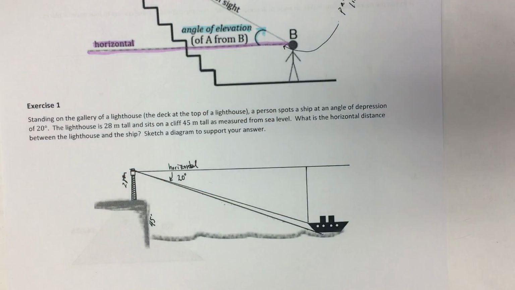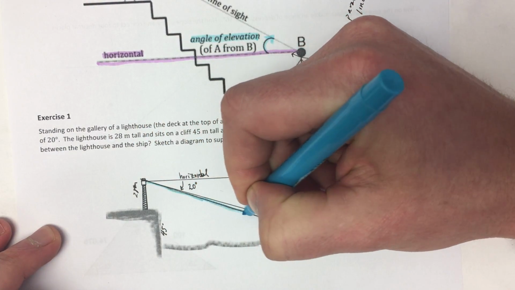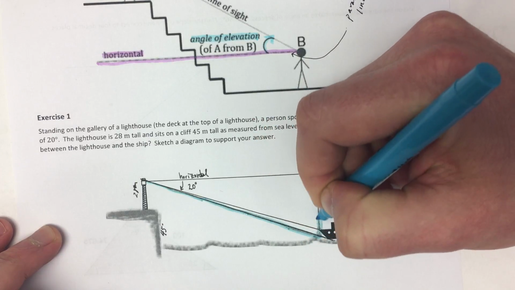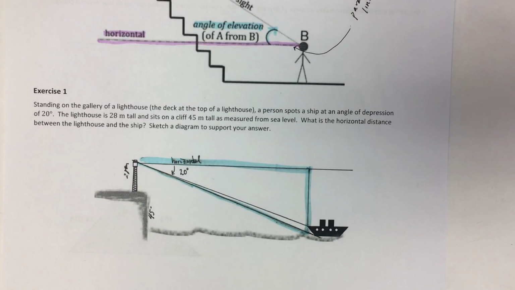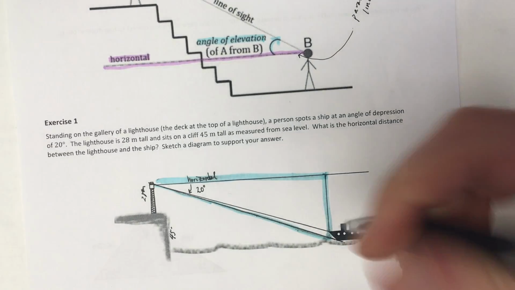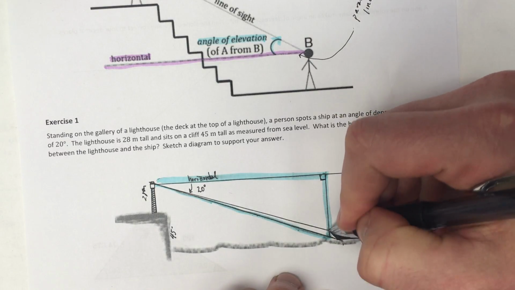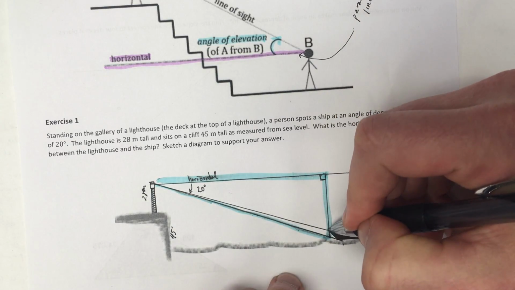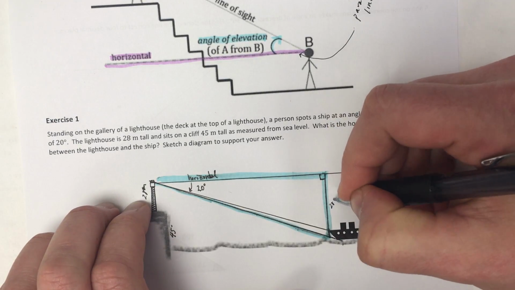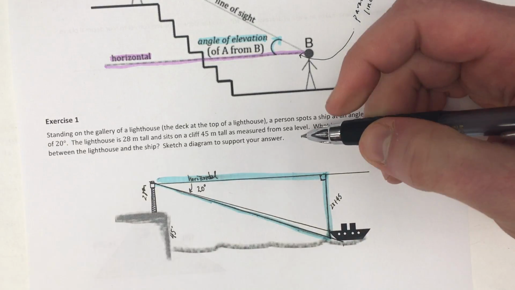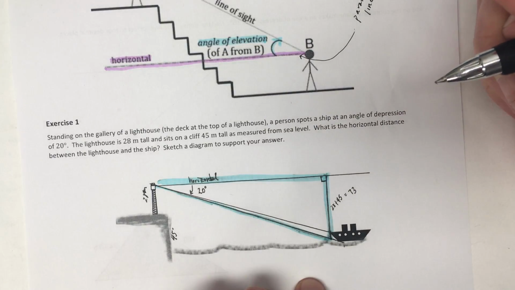What I now have is this right triangle. My right angle is up in this corner. As I calculate through, this total distance right here will be the sum of 28 plus 45, which is equal to 73.